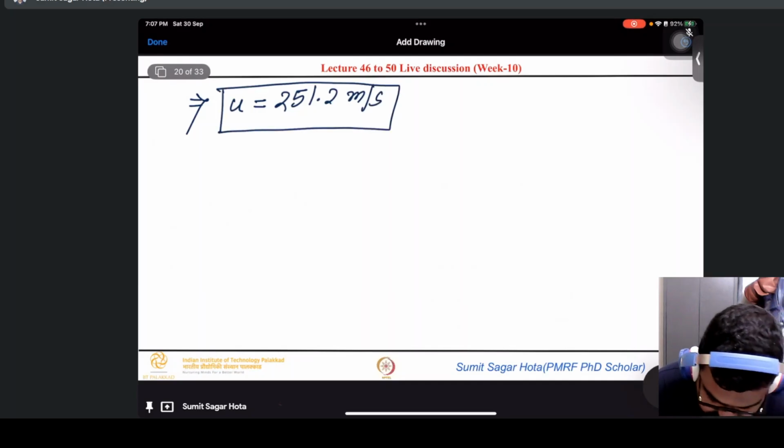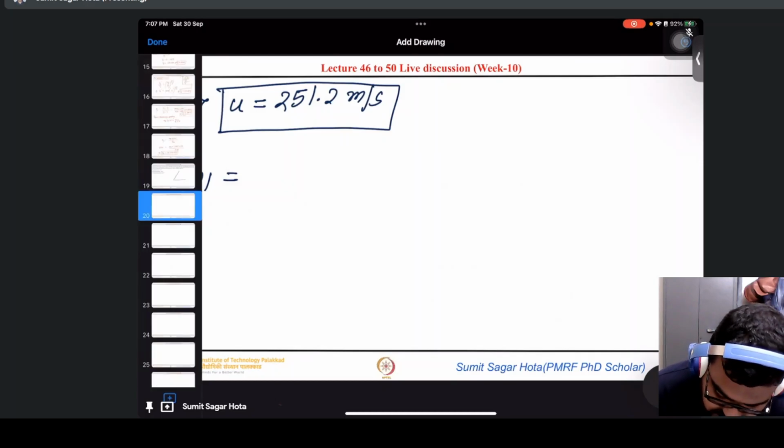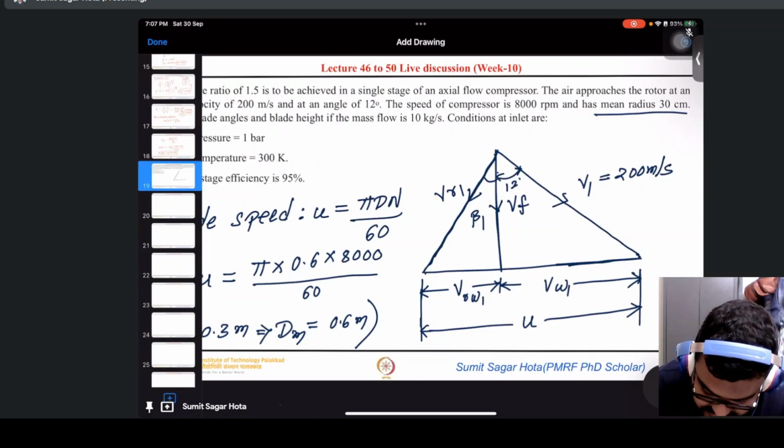Now what is Vw1? Vw1 you can find out from the triangle.